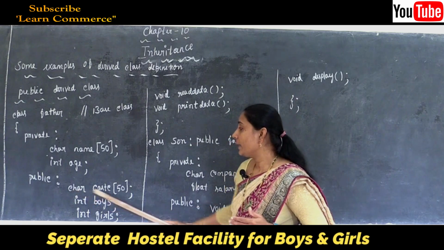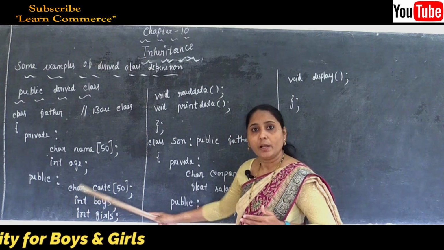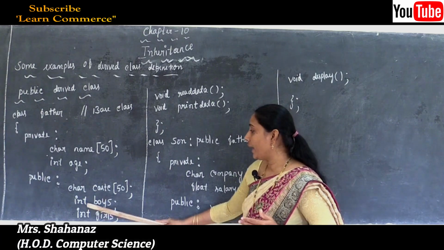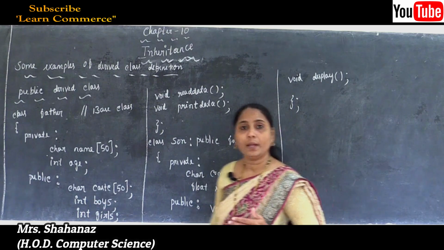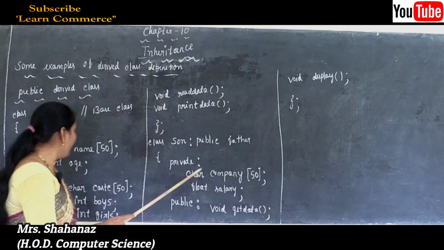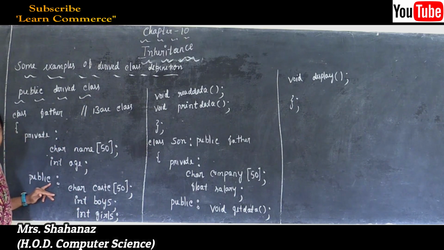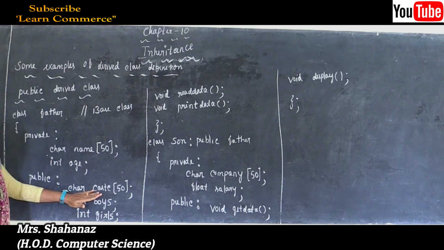So caste, that is about our char. Is this point clear? If you want to enter the caste here, we need the data type char, and boys and girls are declared by using the data type int. And not only member data, the public access can also be used for other things, no problem, otherwise you can use it here also.